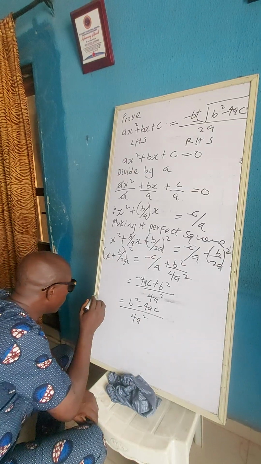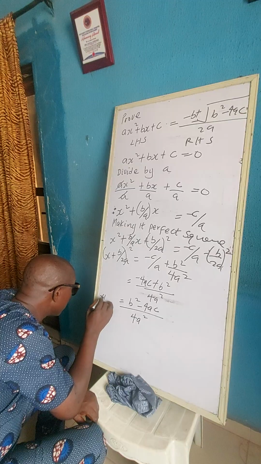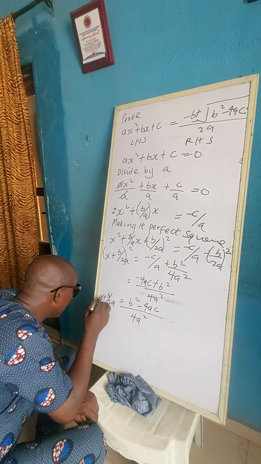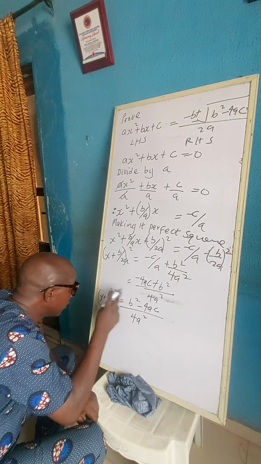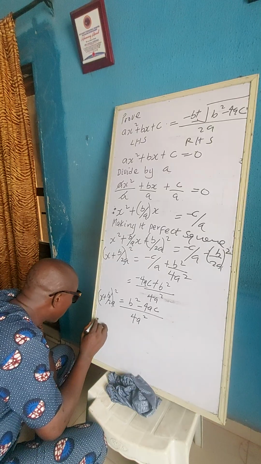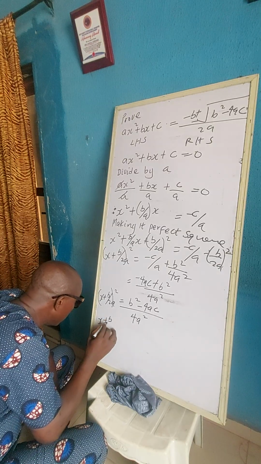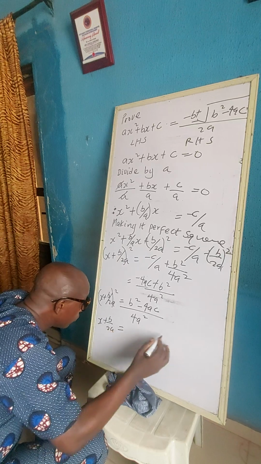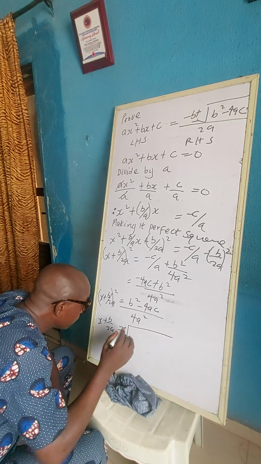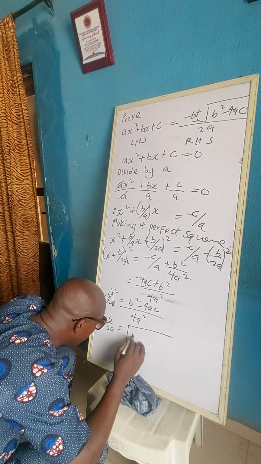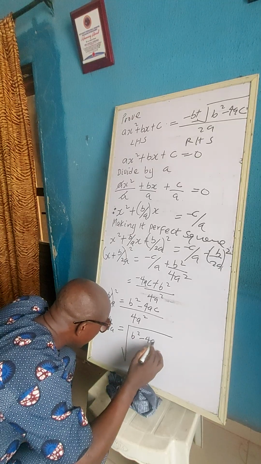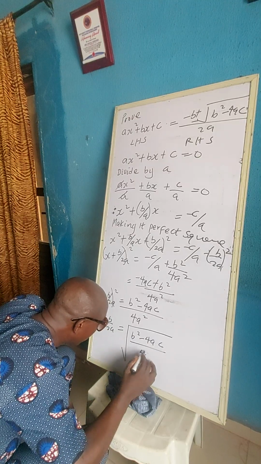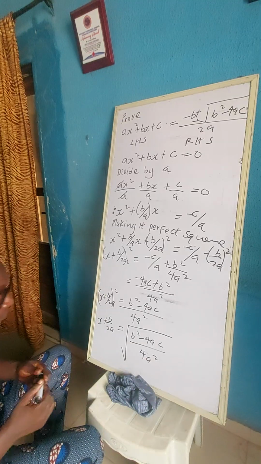Take note, this one is x plus b over 2a all squared. Let the square come to this side, it becomes x plus b over 2a equal to the square root of b squared minus 4ac over 4a squared.